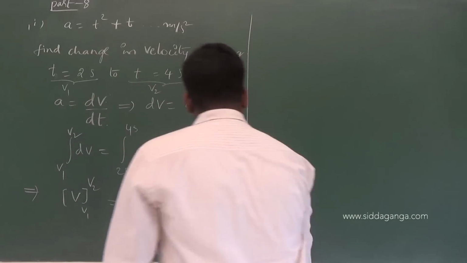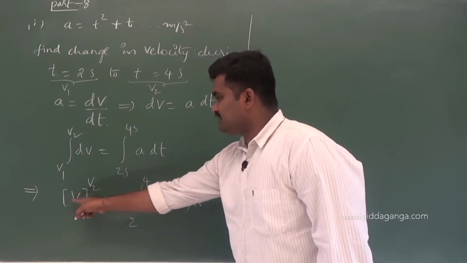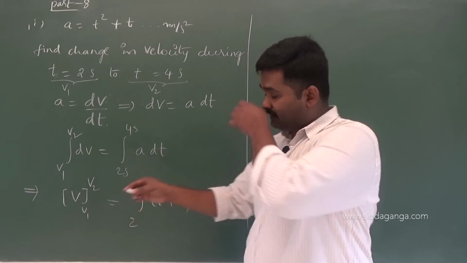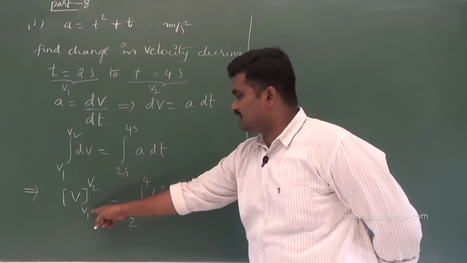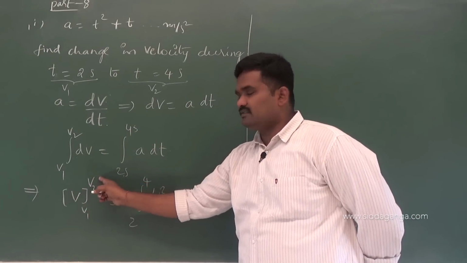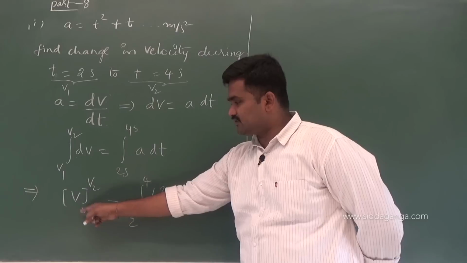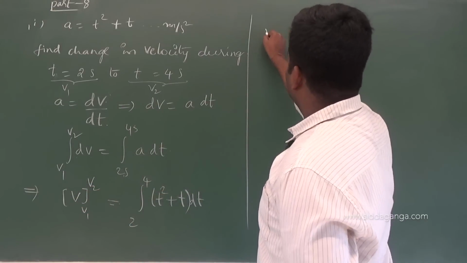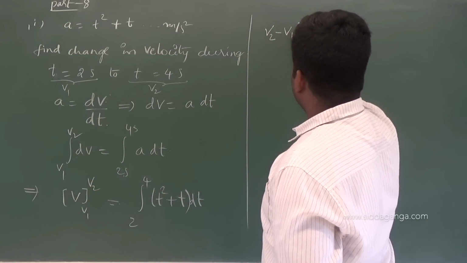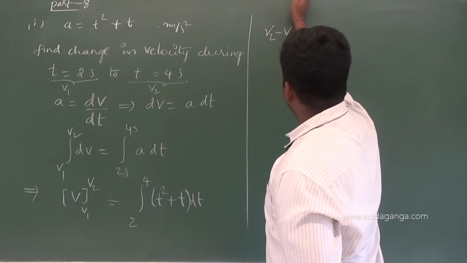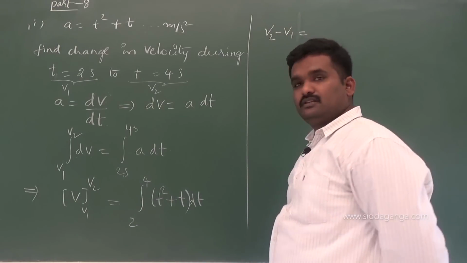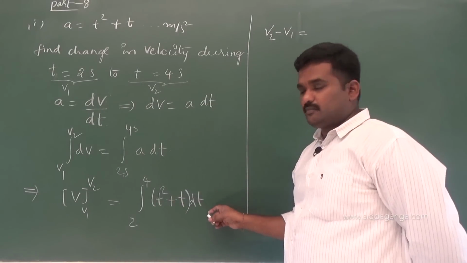Let's go for the integration on the right hand side. On the left hand side, you have v from v1 to v2. Applying the limits, in place of v I substitute v2, and then v1. So you get v2 minus v1 equals the integration of t square plus t into dt.